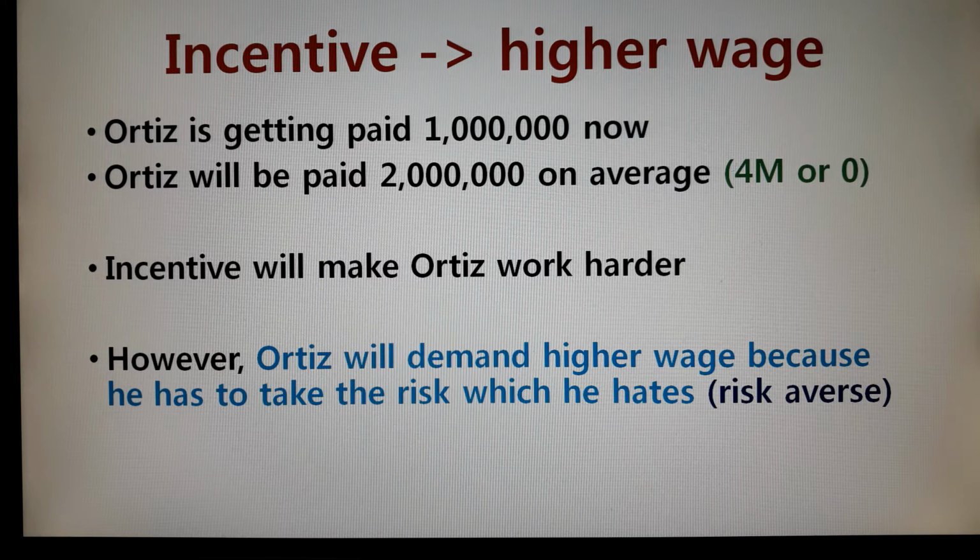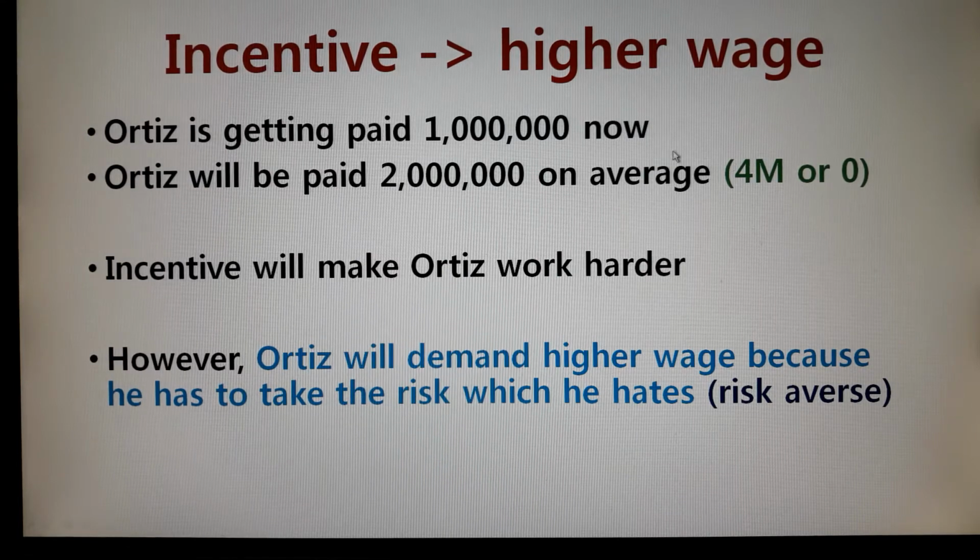However, if you think about how much Red Sox is paying, in the original contract Otis is getting $1 million for sure. In the new contract, however, Otis either gets $4 million or $0, with the probability half and half. As a result, on average, the expected wage of Otis would be $2 million.